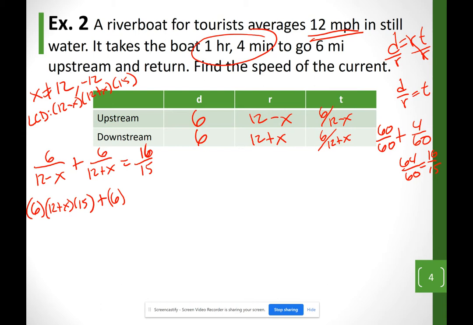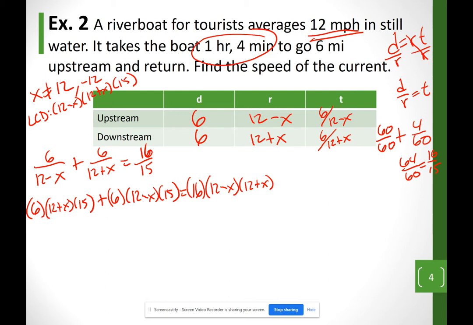For my LCD, if I was to cancel the 12 plus x, I'm going to have a 12 minus x and a 15. I have a 16 on top. If I was to cancel the 15, I'm going to have 12 minus x and 12 plus x. Okay, so bunch of parentheses.